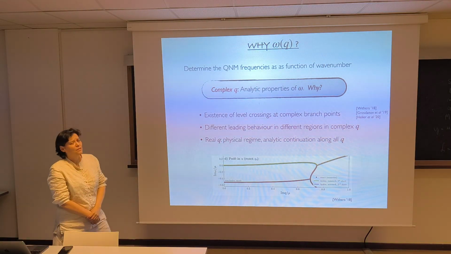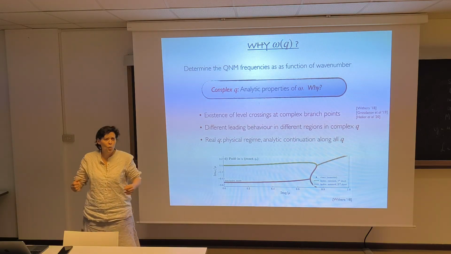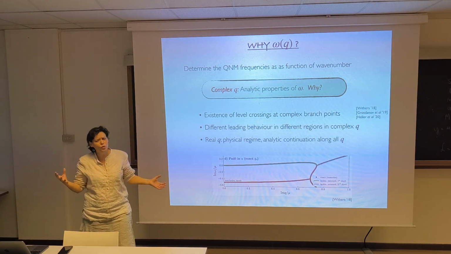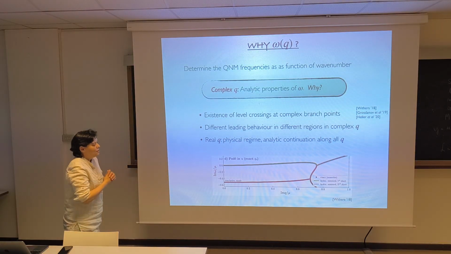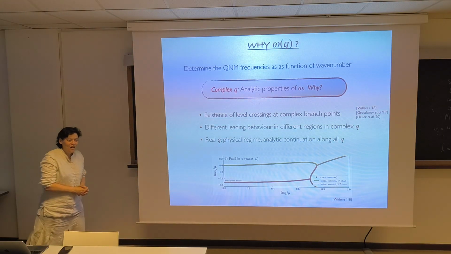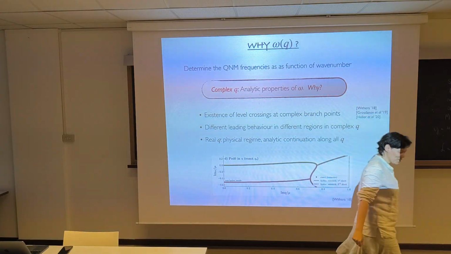So why do I want to calculate omega of Q for general Q? Why would I even want to calculate omega of Q for complex Q? Well, I think by now I've learned my lesson, and I hope you've learned yours as well.